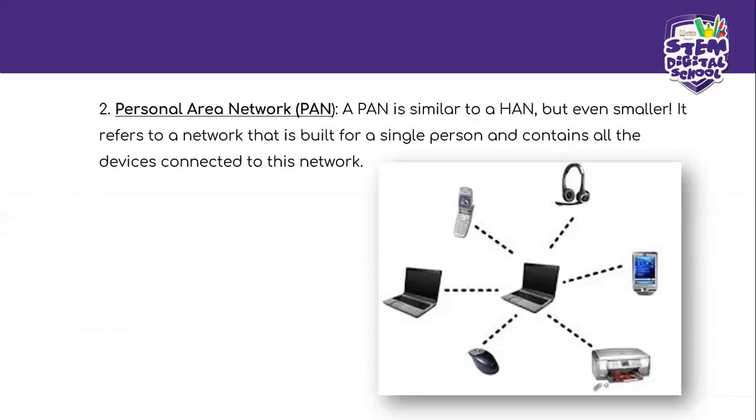So now we are looking at the most common types of networks. We said we have a home area network and a personal area network. A home area network covers only a single home or an office. Now, what is the difference between a personal area network and a home area network? Lionheart?